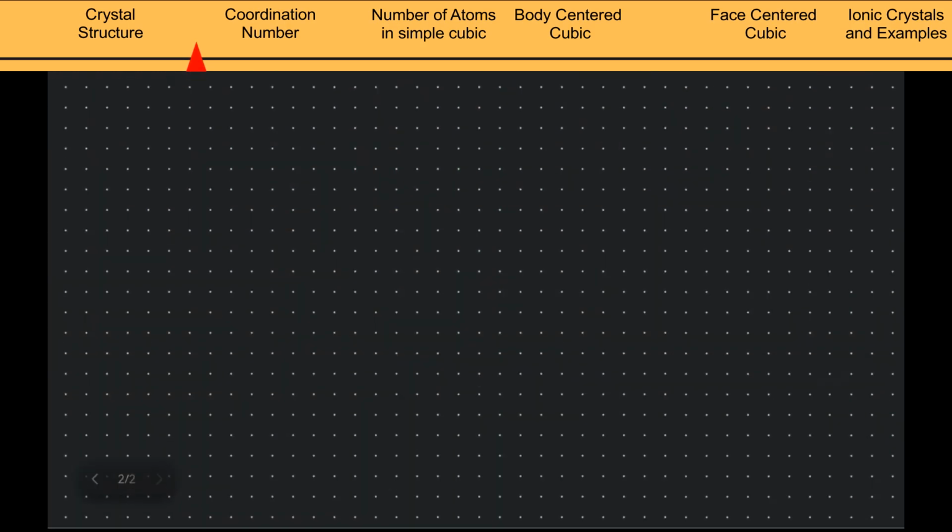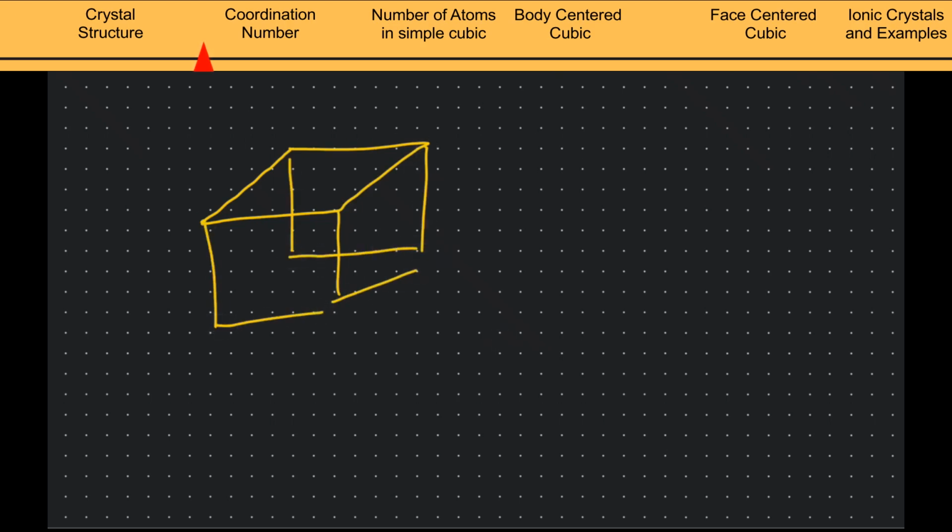If you want to look at more than one unit cell, the connected unit cells, we have again atoms at the corners.